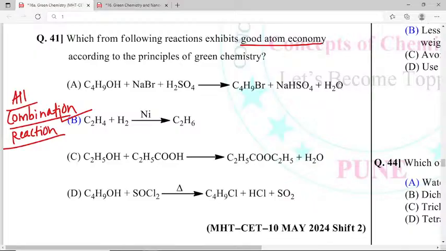This is very important. If asked for good atom economy, always remember there should be a combination reaction. All combination reactions show good atom economy.